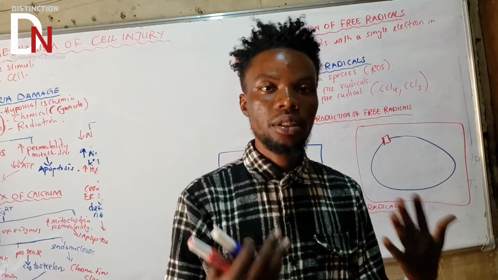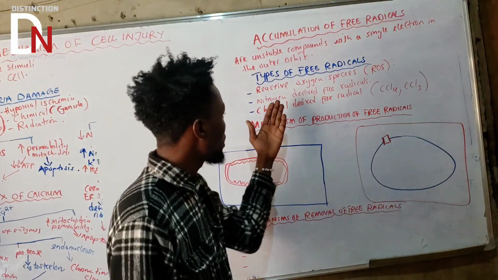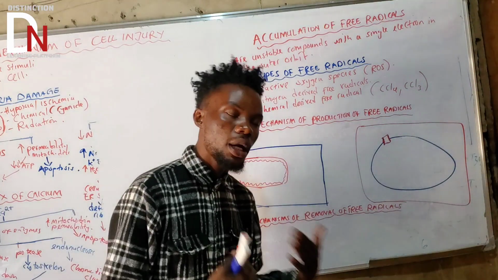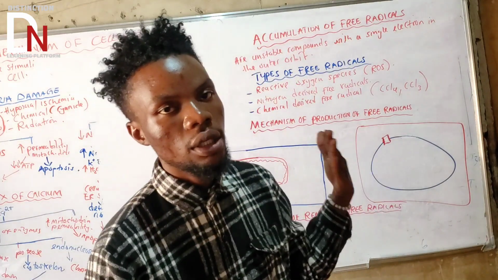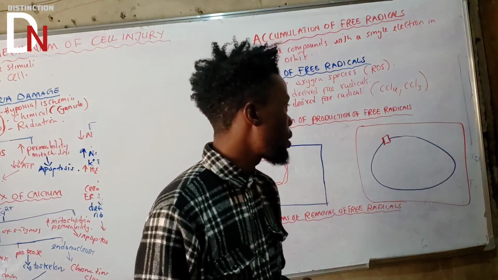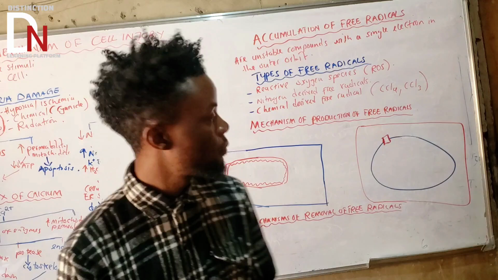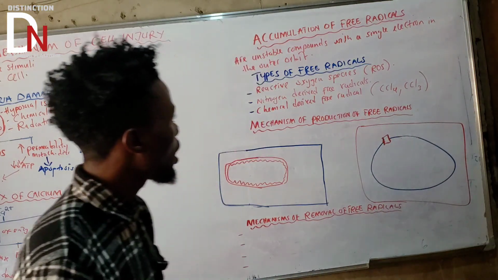So basically there are three types of free radicals: ones that come from oxygen, ones that come from nitrogen, and others that come from chemical agents, like tetrachloromethane and trichloromethane. We'll talk about that. These are the three important types of free radicals.